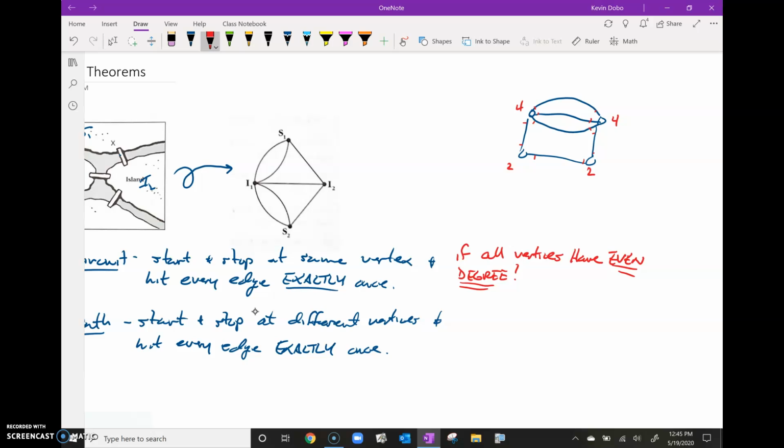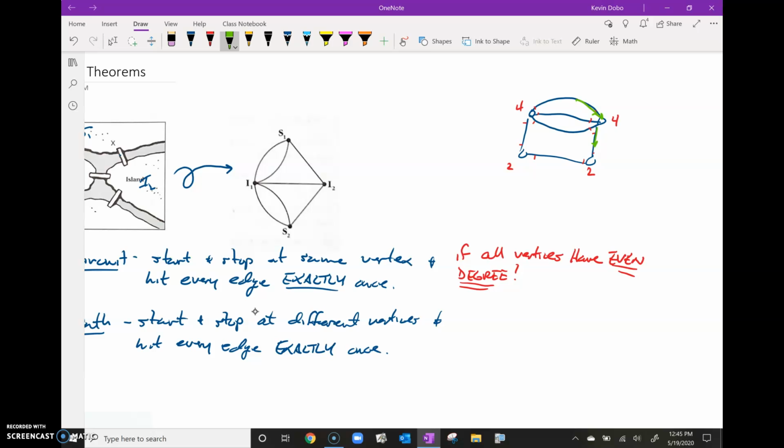The reason that I know that there will be a circuit is, if you think about it, if there's a way into a vertex, there's a matching way out of the vertex. So if there are two ways to get into a vertex and two ways to get out, there's going to be an even number of edges touching that.